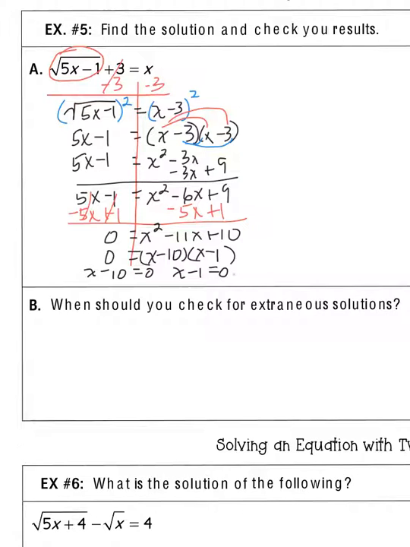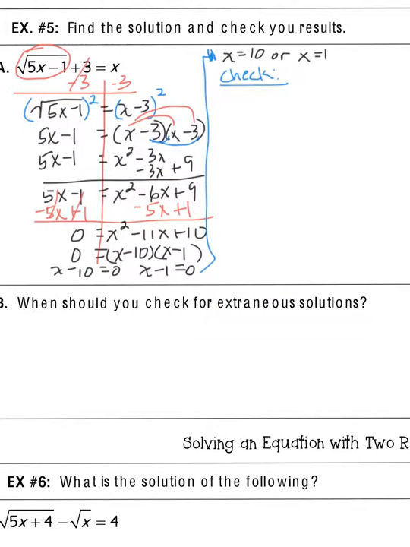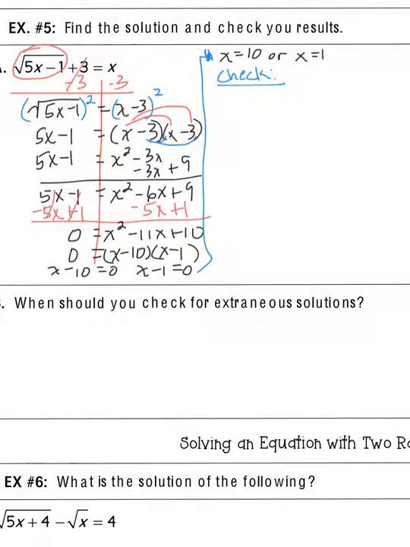And you get, that's an arrow, x equaling positive 10 or x equaling positive 1 if you solve those algebraically for the variable. Now we have to check. Always are checking. So I'm going to move this over a little bit so I have more room to check.